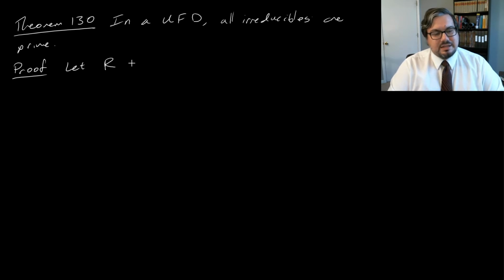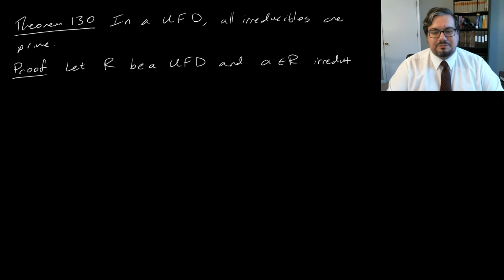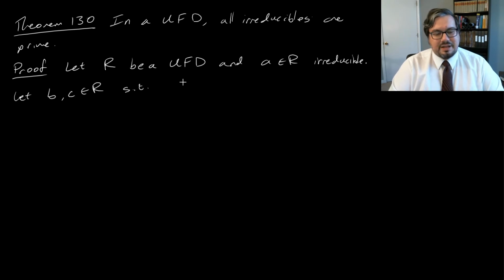Let's do this. Let R be a unique factorization domain and A an element of R that is irreducible. So now let B and C be in R such that A divides BC.